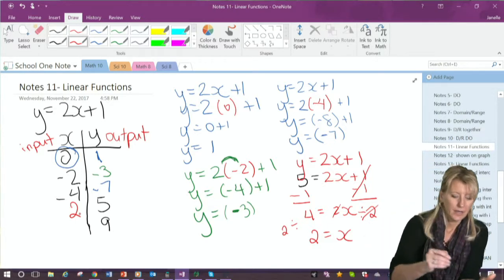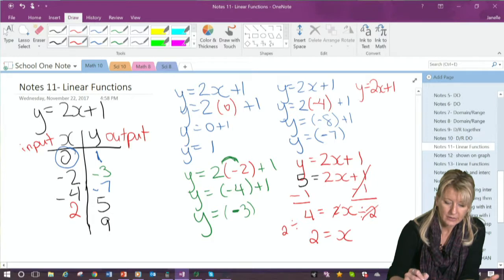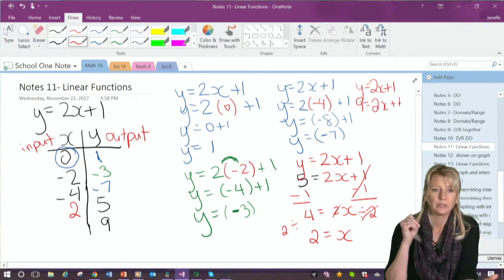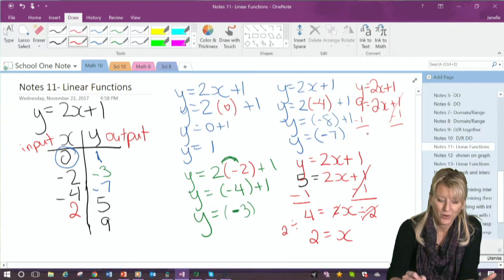Okay? And then I'm just going to do the last one. So you get y equals 2x plus 1. The answer is 9, so I put 9 in. Rewrite the rest of the question. I'm going to subtract 1 from both sides. Those cancel each other out. 9 minus 1 is 8.